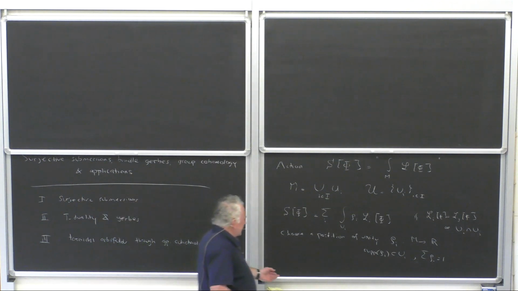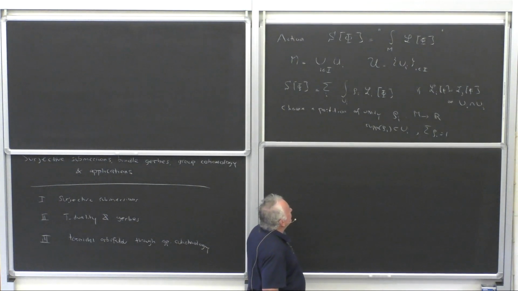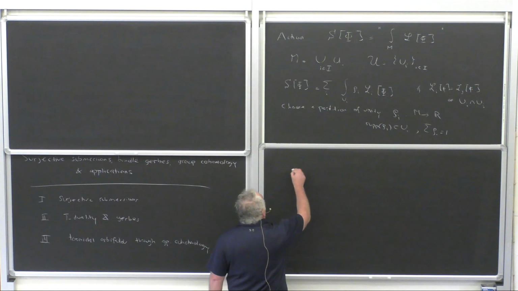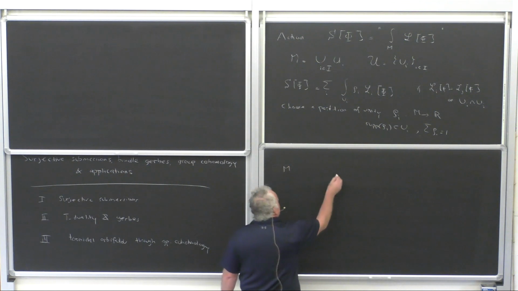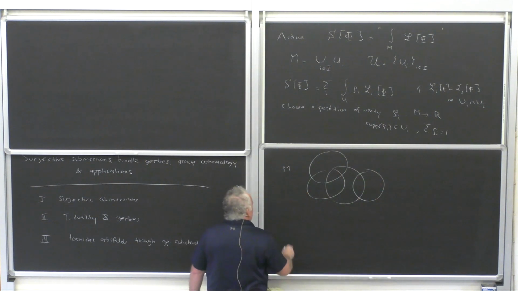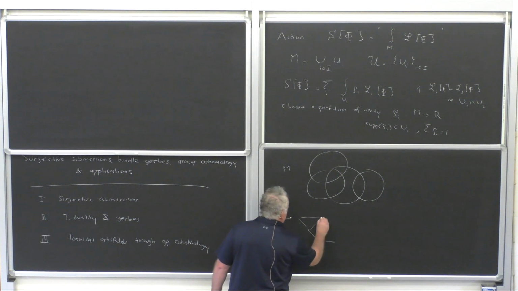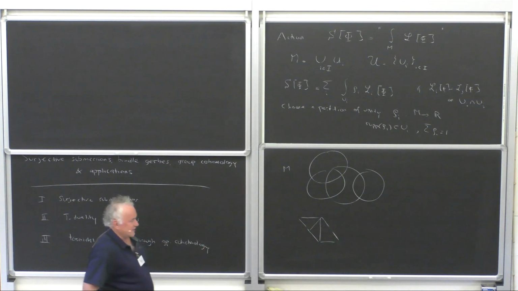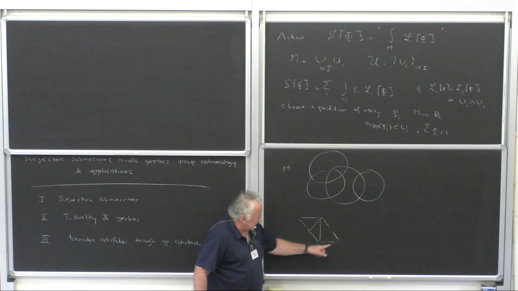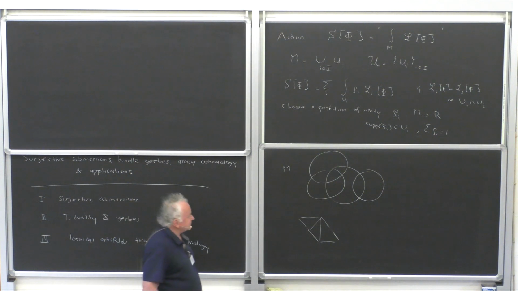Now you can of course generalize this, or do it differently. So this is an approach where I've written M in terms of open sets with overlaps. But you can also, say, triangulate M and then just sum over the different triangulations, where you might have to pick up boundary terms on the edges and the vertices.